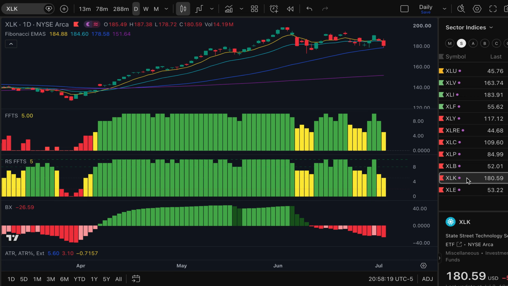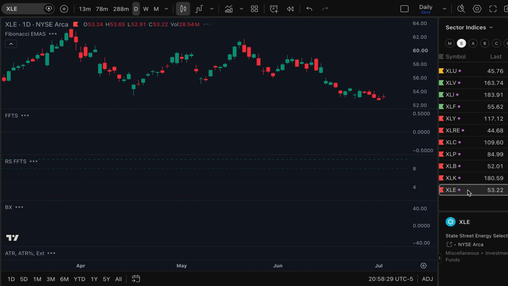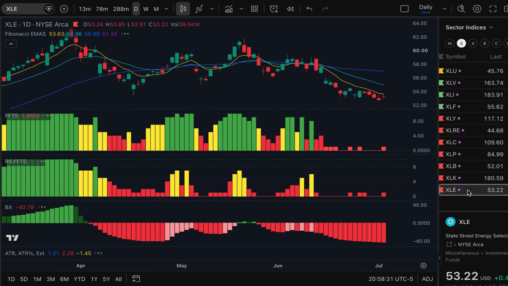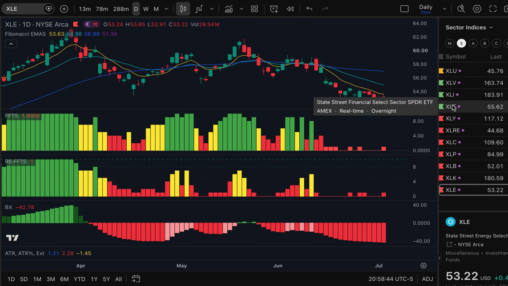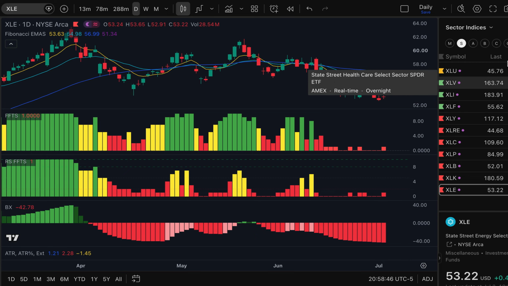And it's showing some weakness. 5 out of 10 on the trend, 5 out of 10 on the relative strength trend, and red momentum. And finally, the energy sector, XLE, not looking so good. So those are the 11 SPDR sector ETFs. And so we have healthcare, industrials, and financials sort of leading the way.